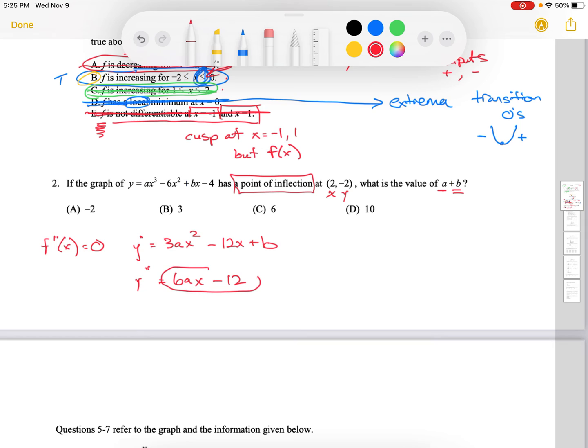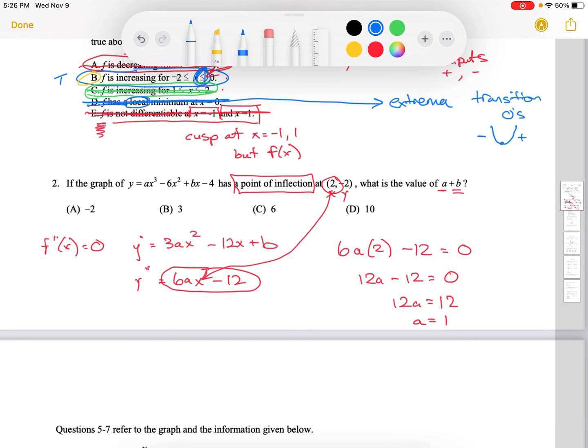I can solve for when that is 0, but remember I also know the x coordinate is 2. So again, what I'm going to do is set 6ax minus 12 equal to 0. This is 12a minus 12 equals 0. 12a equals 12, so a is equal to 1.